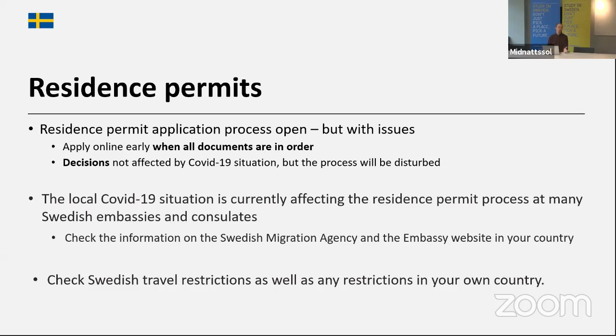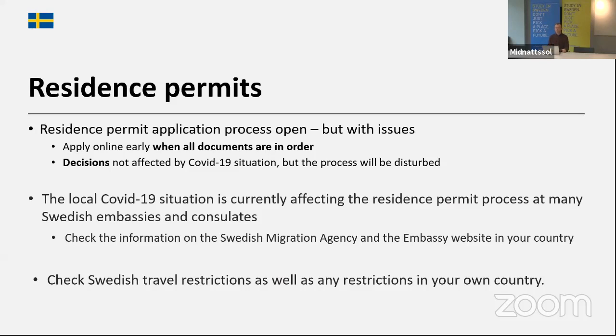So when you know this and when you have your documents in order, you can apply online early. And then the decision will not be affected by the COVID-19 situation, but the whole process will be affected probably, because after you have applied and you have gotten a decision, you will need to go to a Swedish embassy or consulate to hand in your fingerprints and to, in the end, receive your residence permit card.